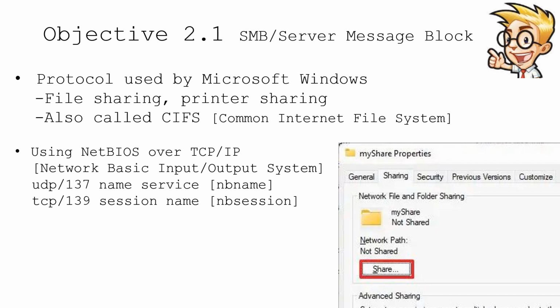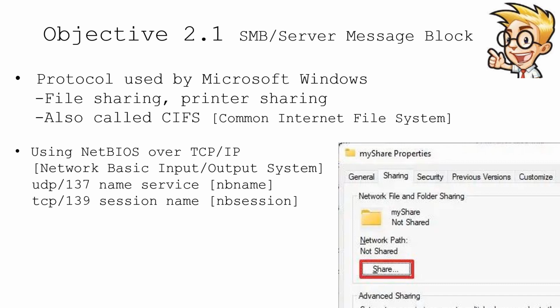Many operating systems have their own method of transferring files and information between devices. Windows commonly uses the Server Message Block, or SMB, to provide this connection. This is the protocol commonly used by Microsoft Windows. So if you're transferring files between devices, or you're sending a print job to a printer, it's probably using SMB. You might hear SMB referred to as CIFS, or the Common Internet File System.